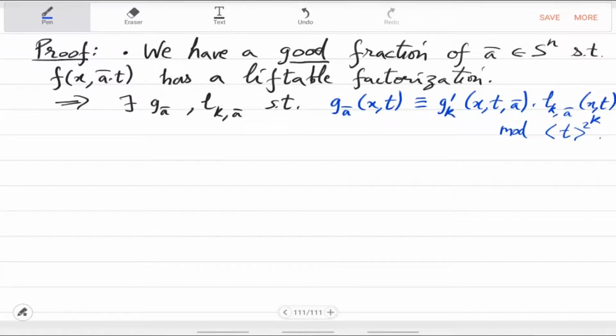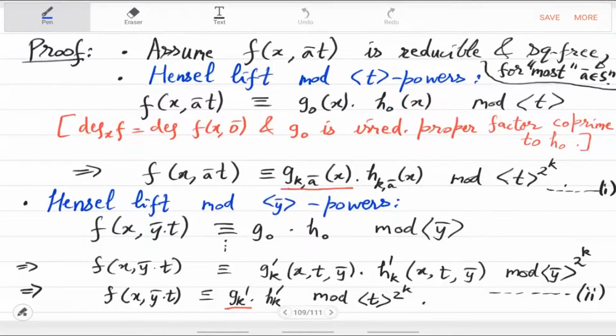So, how is this happening? Well, this is just the same equation that we get by Hensel lifting, say in the second way. In the second way you got that f(x, y bar, t) factorizes as g k prime, and then we also showed that g k prime, when you fix y bar to A bar, is g k A bar. Those properties which we have shown, we are using them now.